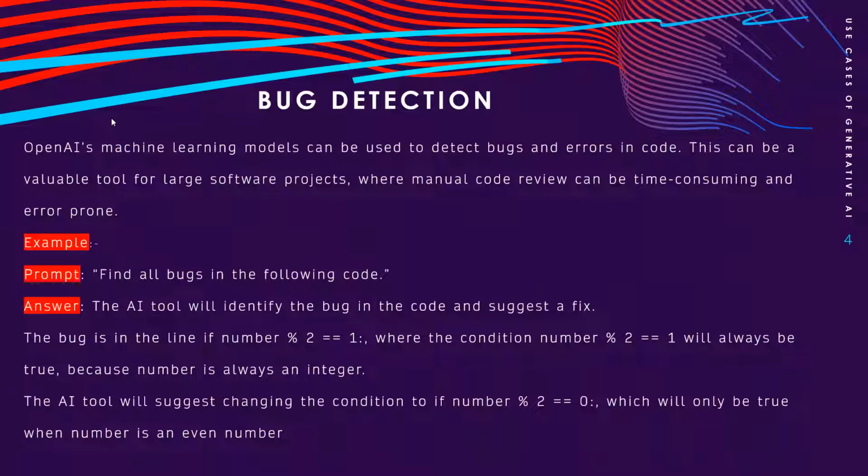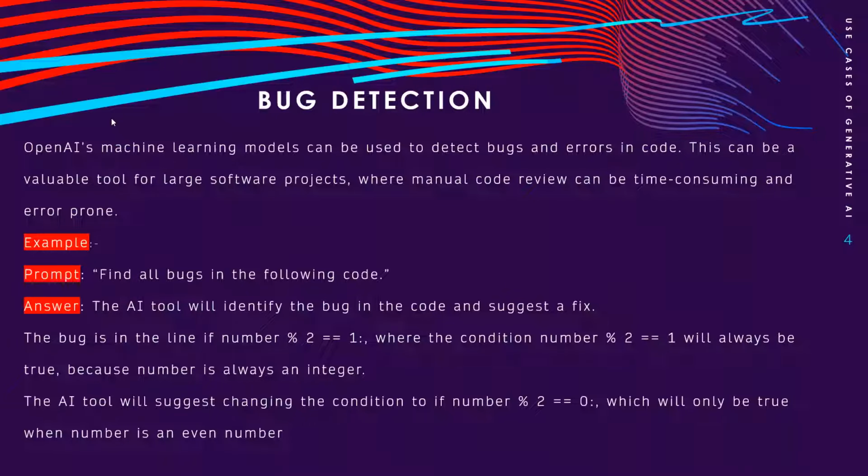Not only that, it will also share the solution for how you can fix this bug. The AI tool will suggest changing the condition to this, which will only be true when a number is an even number. So this is how bug detection can be done with the help of OpenAI.